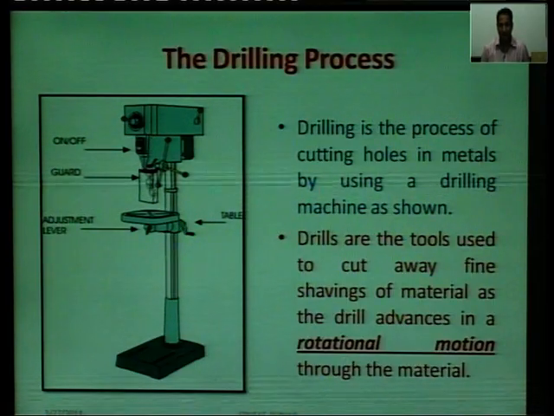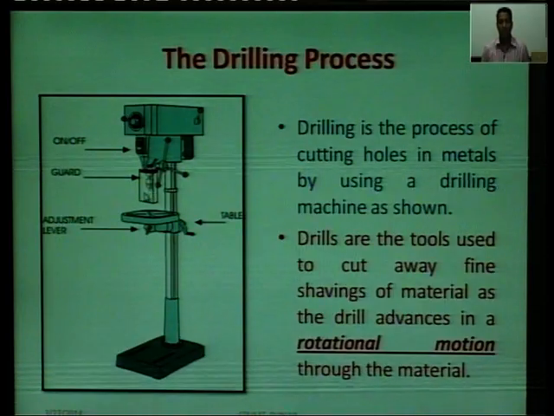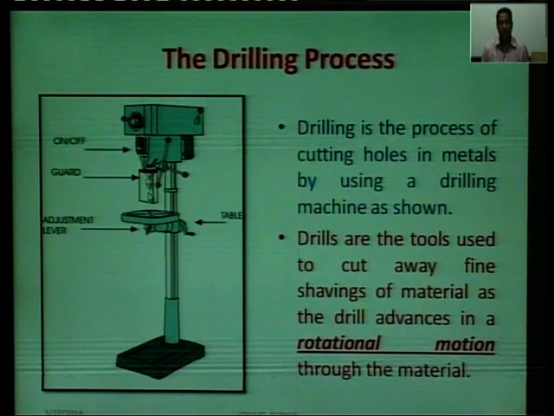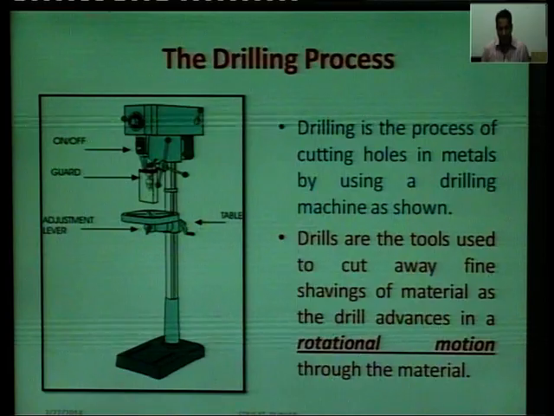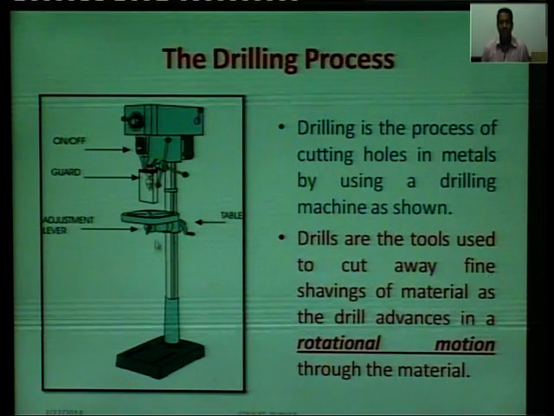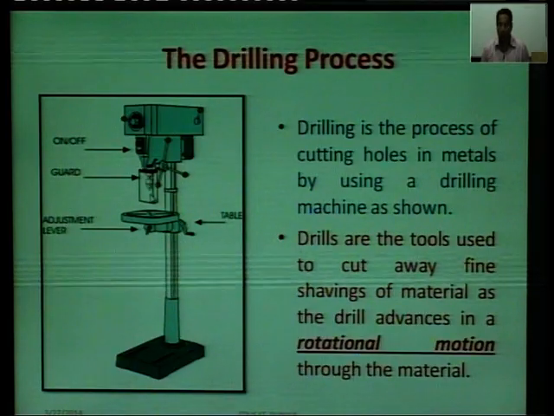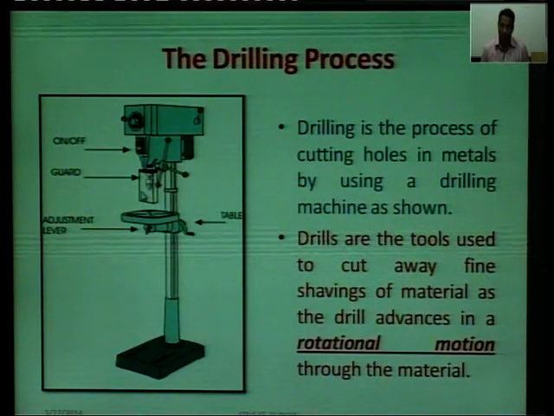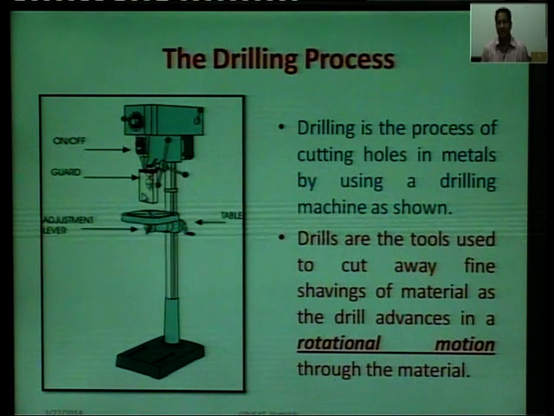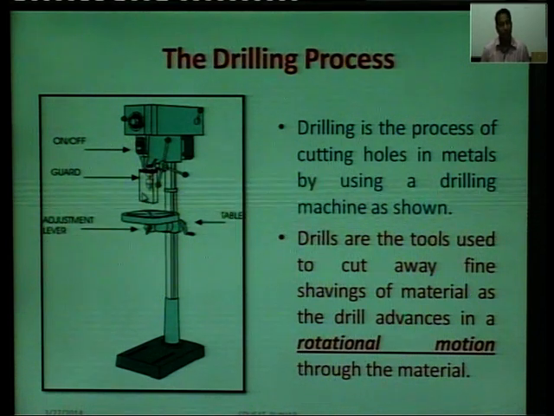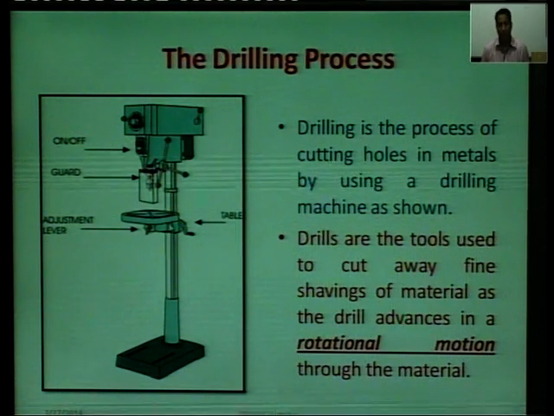Drills are the tool used to cut the fine shavings of the material as the drill moves towards the work material with rotary motion. The drill is given a rotary motion, otherwise we cannot produce a hole in the material.